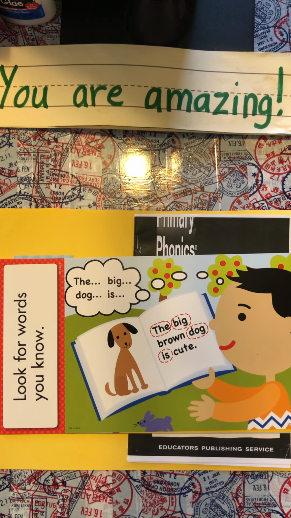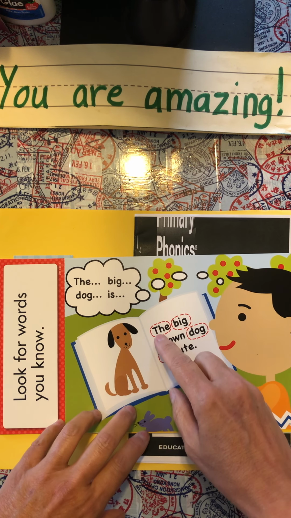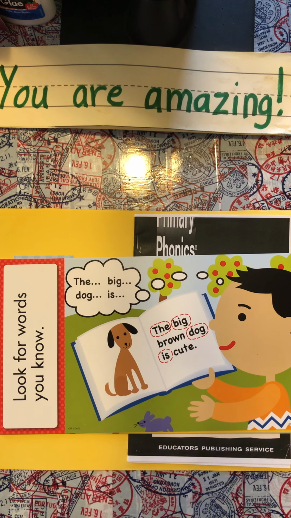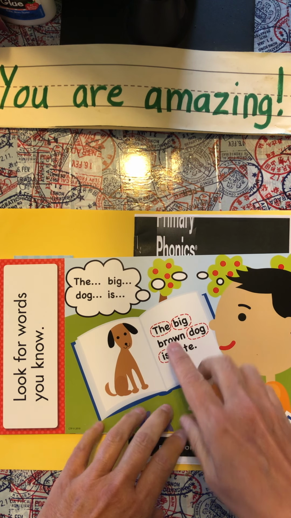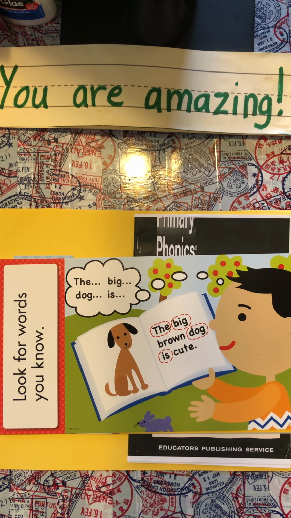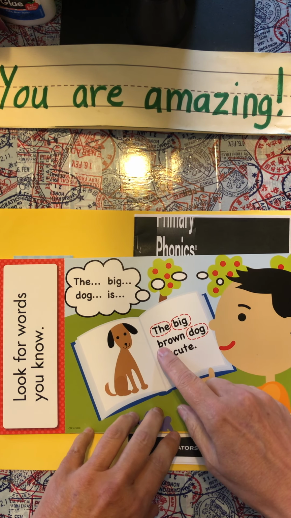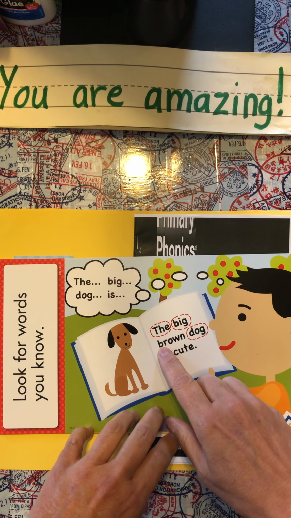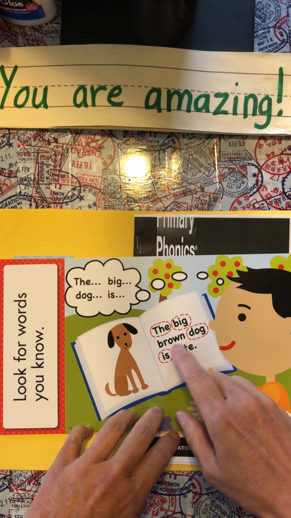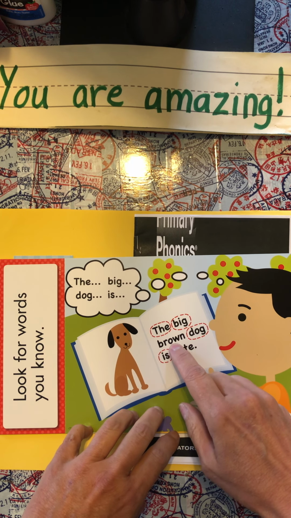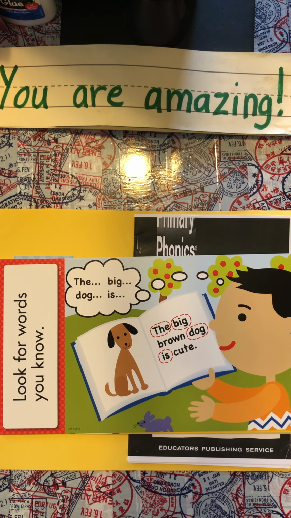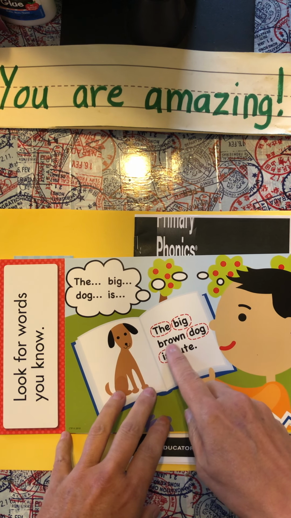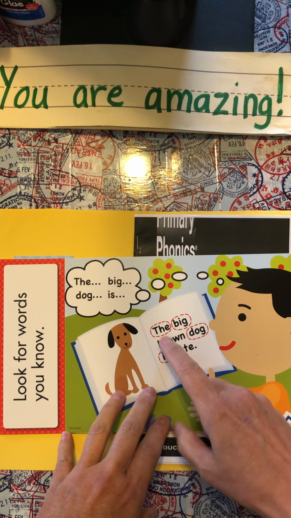Look for words you know. So right off, when you see this, oh boy, there's a lot of words you might notice, but there are words that you know, and if you come to a word that you're not sure about, then you could skip it and then come back to it. Now in this case, I bet most of us, if I told you, read this word, you'd go, oh, I can't. But if I told you it was a color word, most of you would know what it was, based on the picture, based on working with our color words.